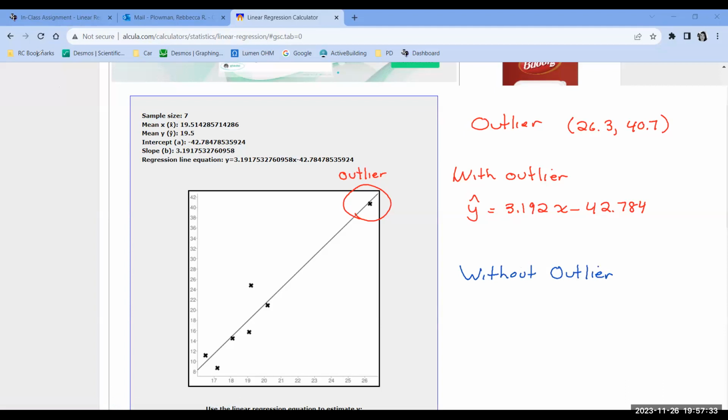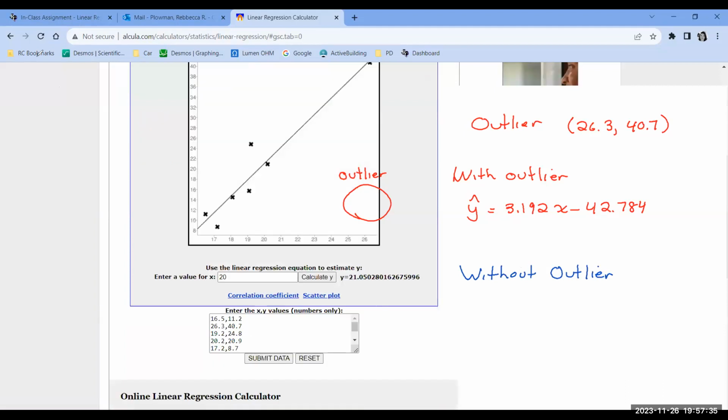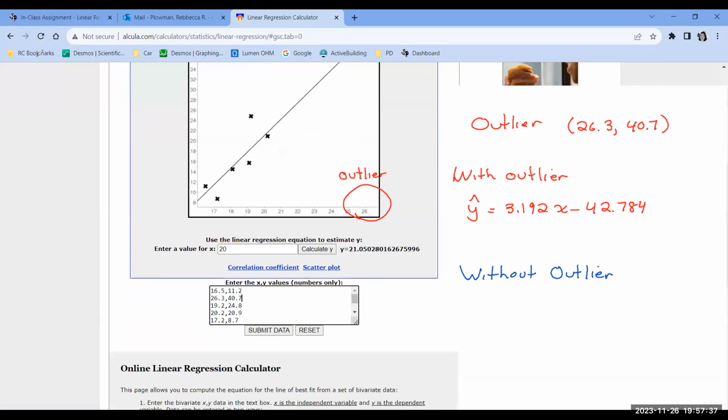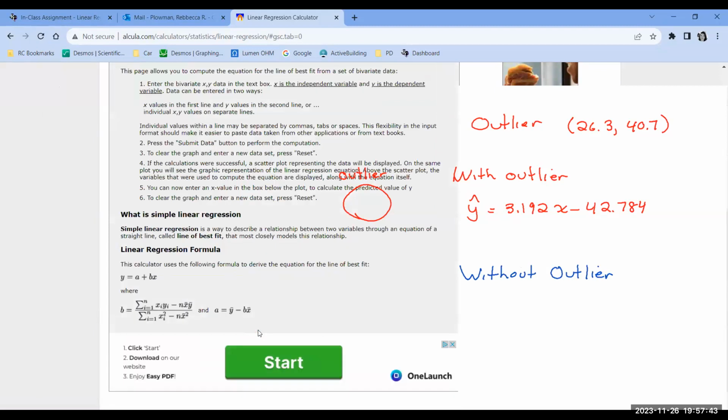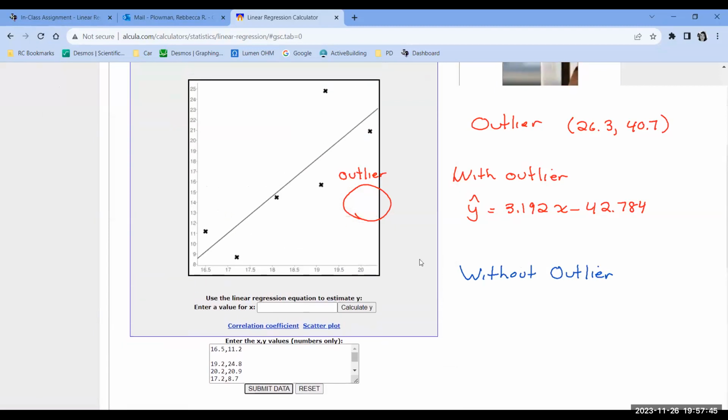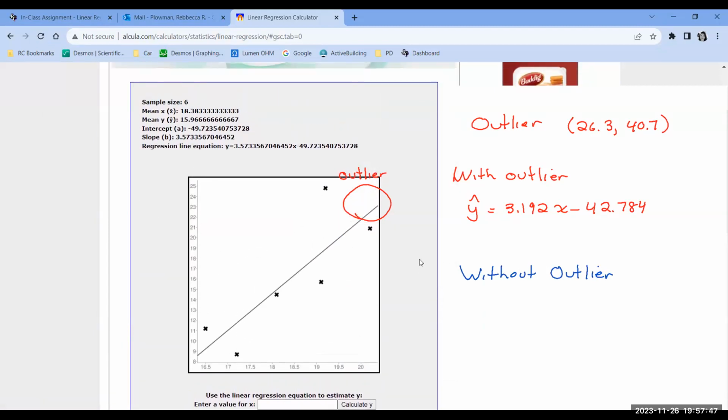So without the outlier, like I said, it would have to be this data point here. We're just going to remove it and we're going to submit the data again. So might as well get rid of this because my outlier is gone.